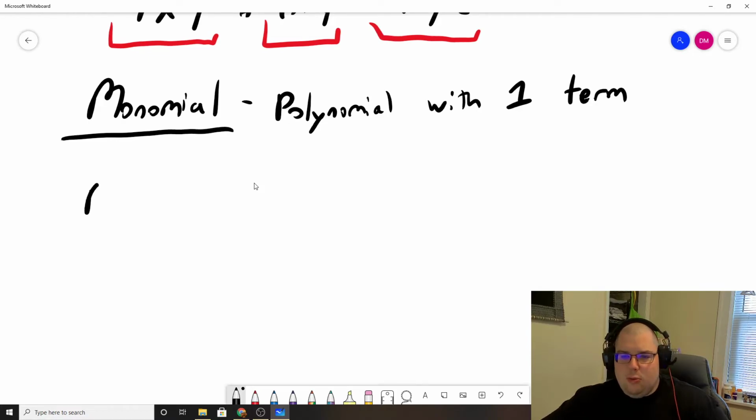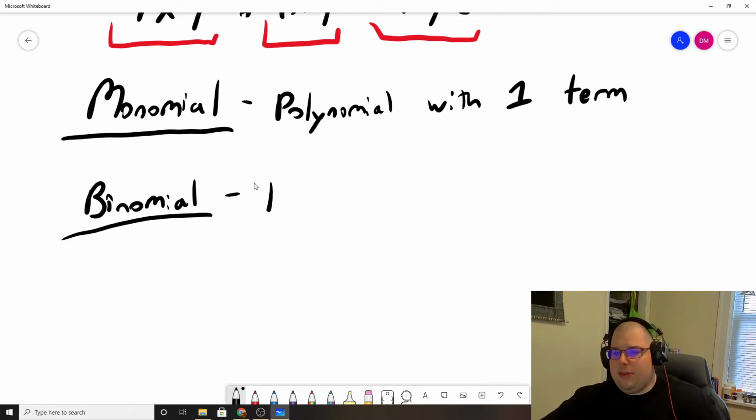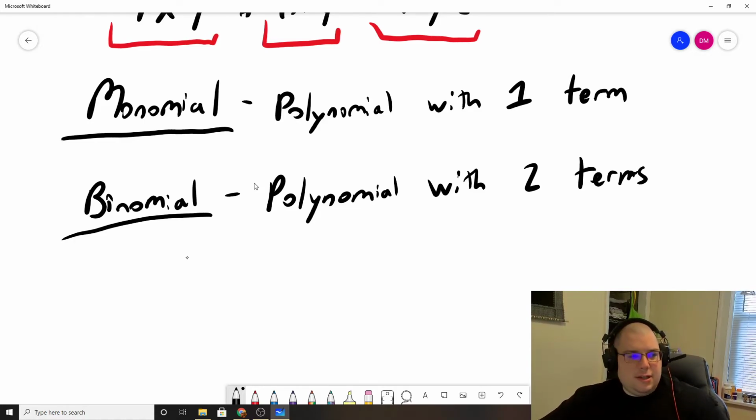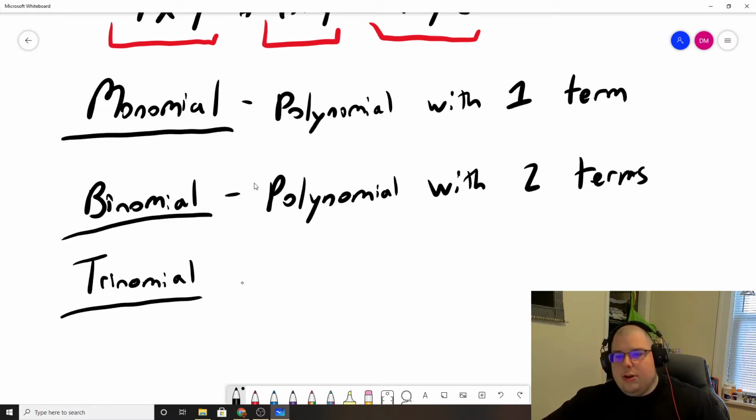Then we talked about one, so let's talk about two. A binomial is a polynomial with two terms. And then there's trinomial. Maybe you're picking up the pattern we're talking about here. This is going to be a polynomial with three terms.